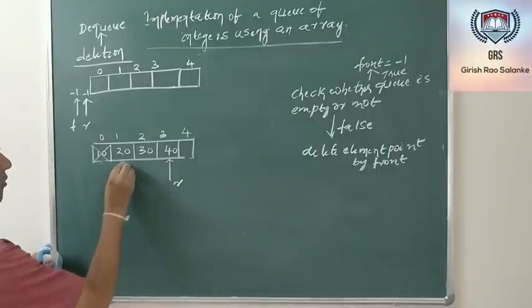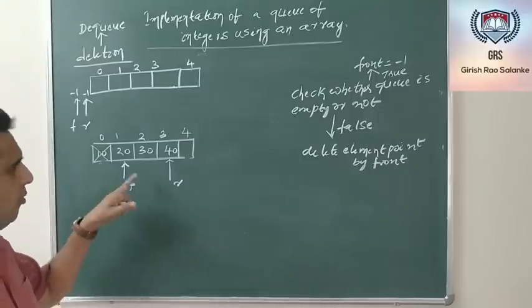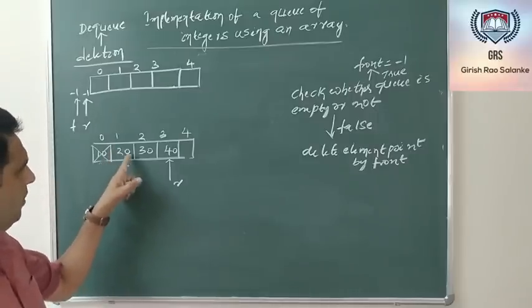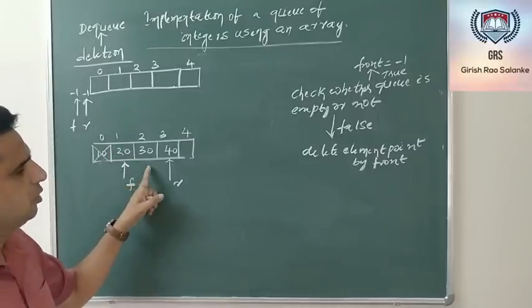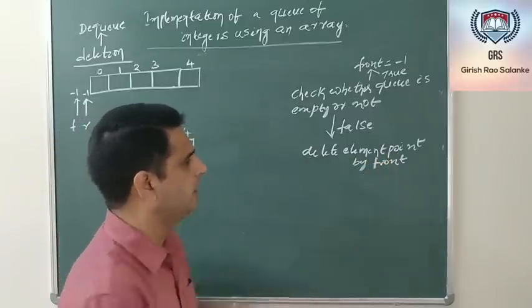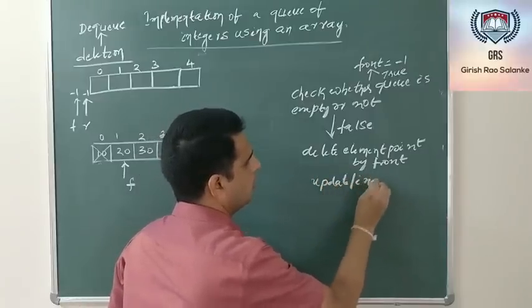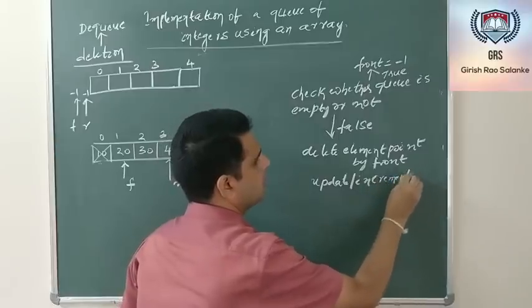Now my front end will be pointing to 20. Now if I perform one more deletion operation, 20 gets deleted and front end needs to be updated. That's what I have written. Delete the element pointed by front, and second thing is update or increment front.